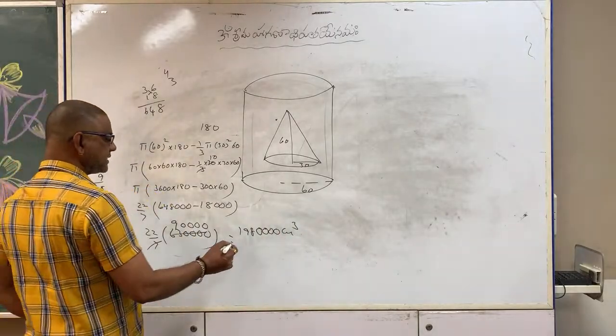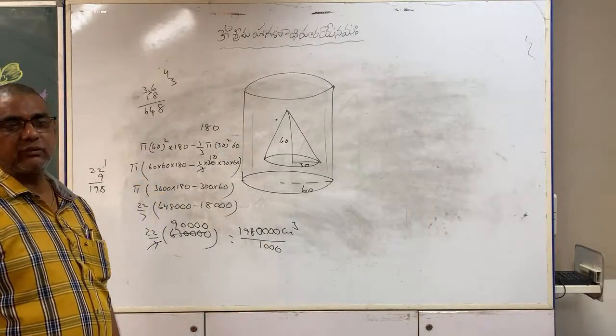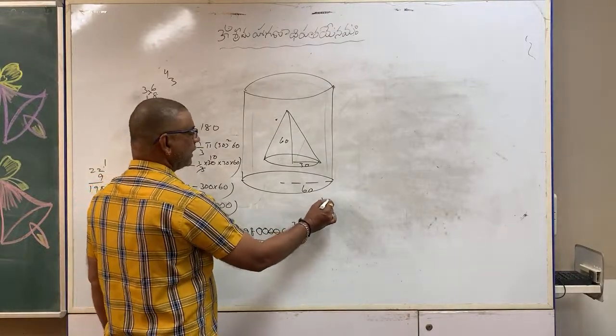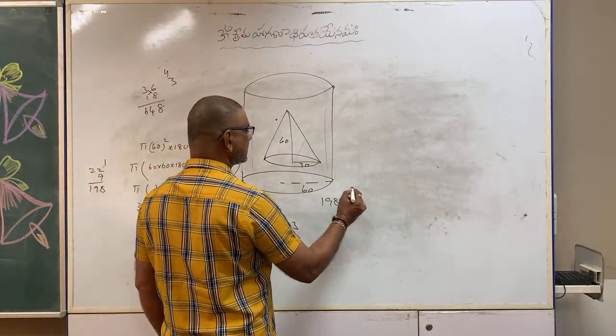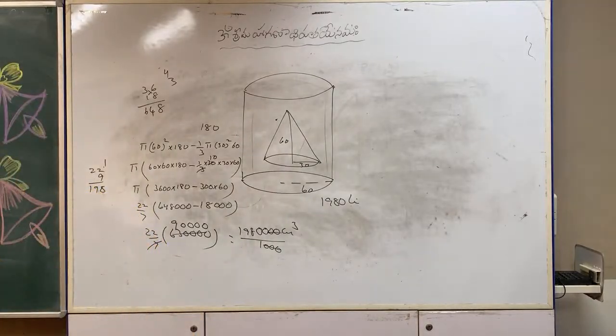If you divide by 1000, since 1000 centimeter cube is 1 liter, then 1980 liters of water is remaining in the cylinder. If you divide with 1000.